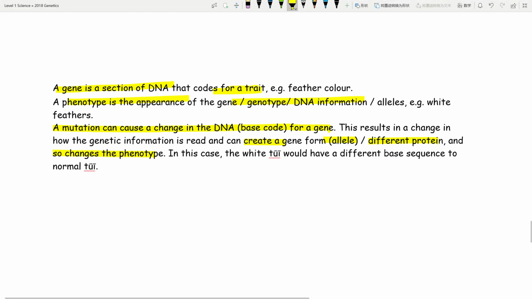So you need to talk about the Y2E. It would have a different base sequence because a mutation has occurred, so the genotype has changed, which results in a different protein being produced, which results in a different phenotype being displayed, which is why we see a different color.